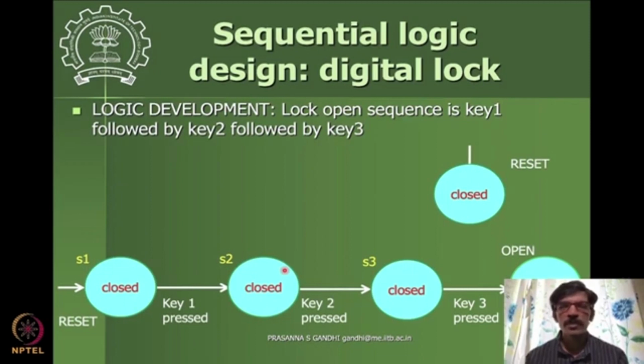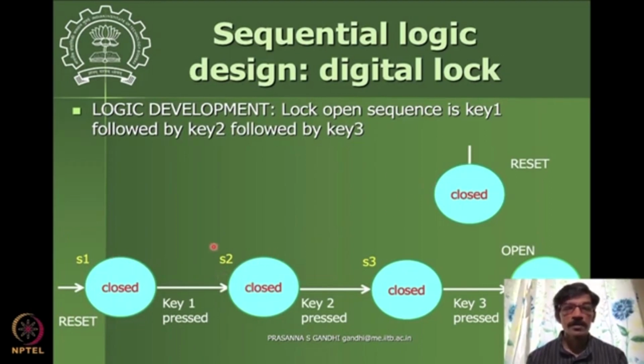When key 1 is pressed and it's the first key, that is the right key, then I can change the state of the system. Somebody presses a key from the reset point. If that first key is right, key 1, then I'll go to the second state. If that key is wrong in the first place itself, I'll go back to the closed state again.